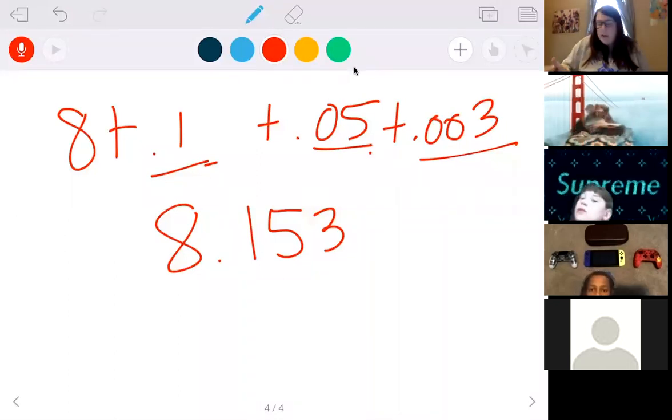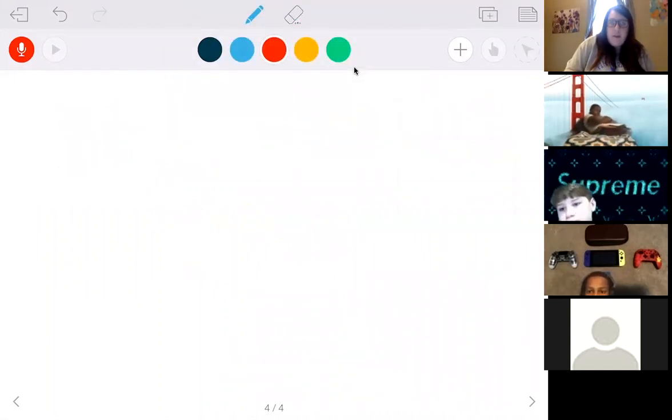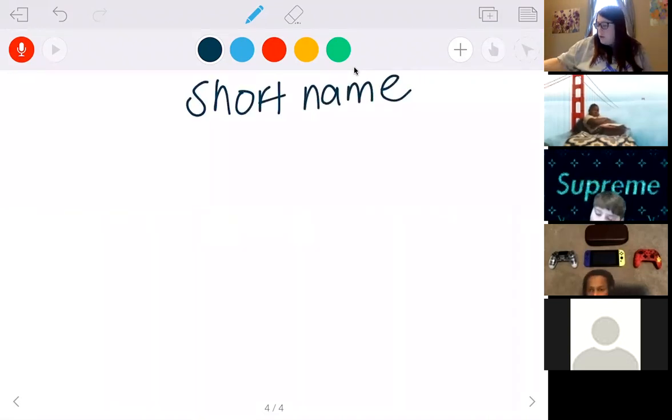Okay, so let's go to short name. Short name is something that you hear a lot when people talk about millions and billions, because it's easier to say than saying 5,476,000 or something like that. So this is going to be short name. This is something I'm just going to kind of introduce to you because it's something that is important, but you're not really going to see it a whole lot next year.